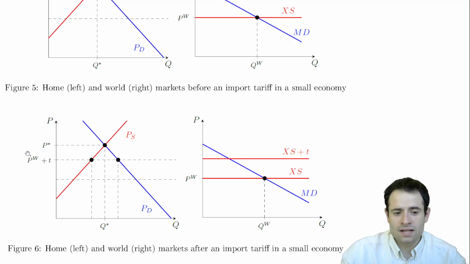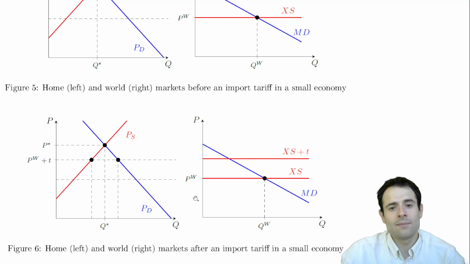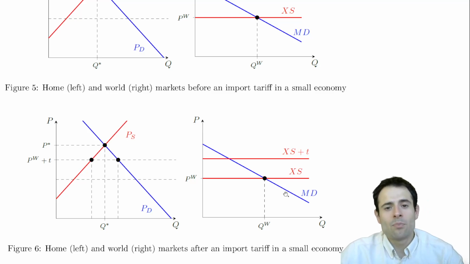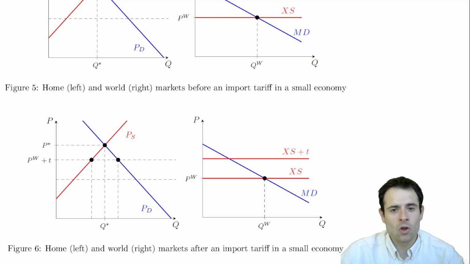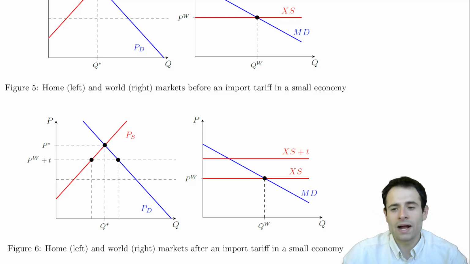This is the price that home consumers are going to pay, but consumers in other countries will keep paying a price PW. Again, imposing a tariff by a small open economy will have no impact on the rest of the other countries.